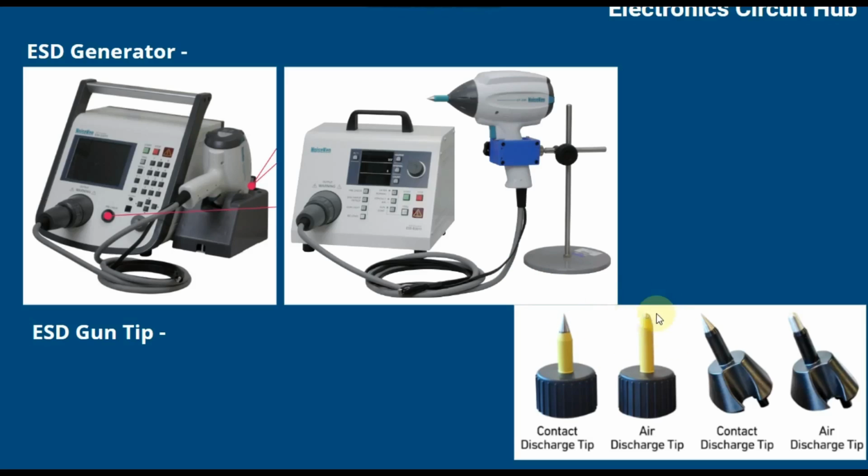So if you're going to do a contact discharge test, you may use this tip. If you're going to do an air discharge test, you may use this tip. So make sure to replace the tip as per your test requirement, right?